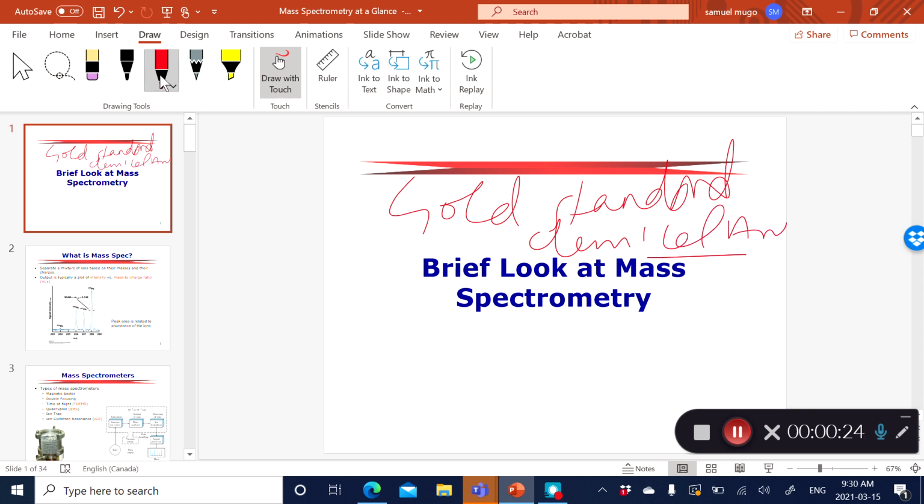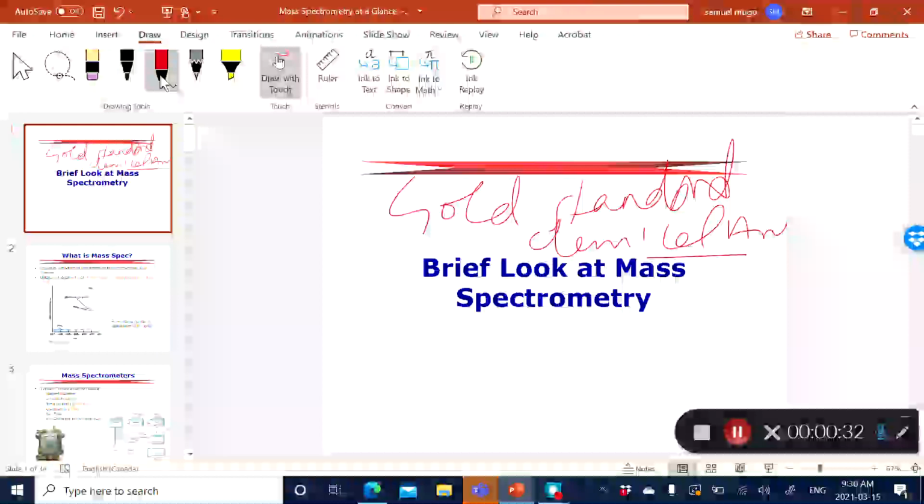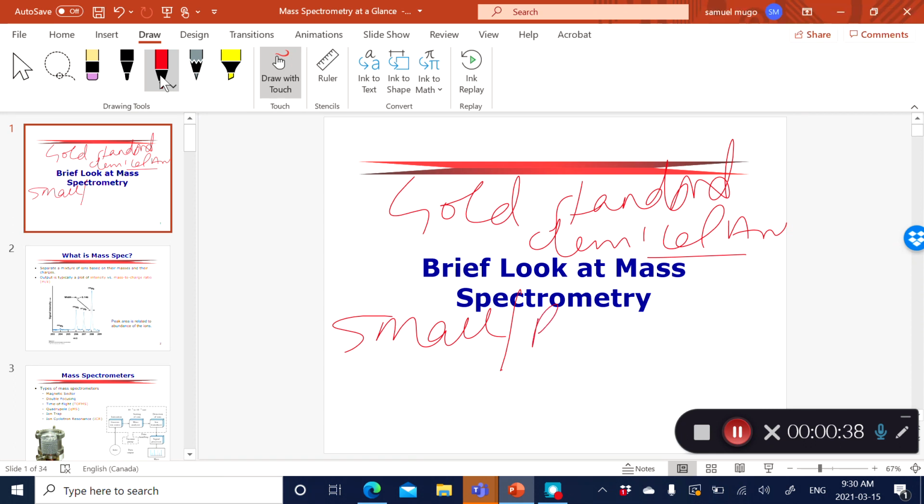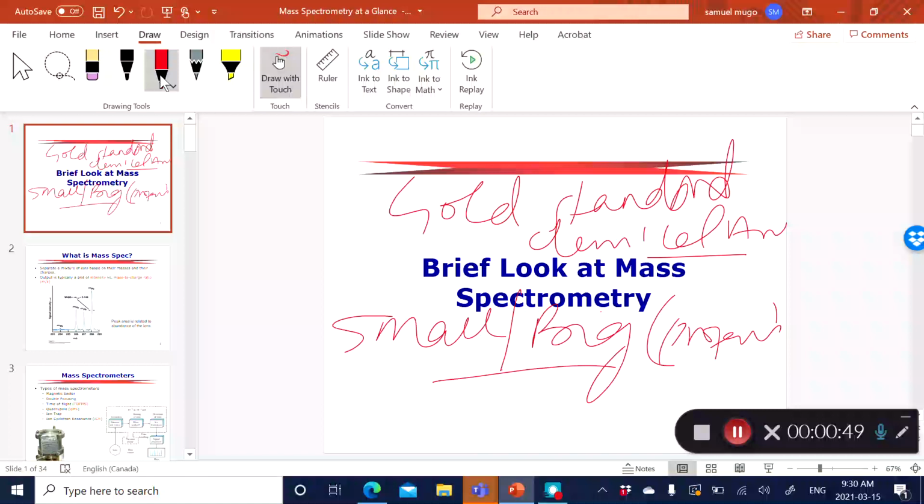The reason it is a gold standard is because it's a very universal technique that can be used for not only small molecules that are drugs, but also for big molecules, things like proteins and polymers and so on. So it's a very versatile, universal technique that can be used for chemical analysis.